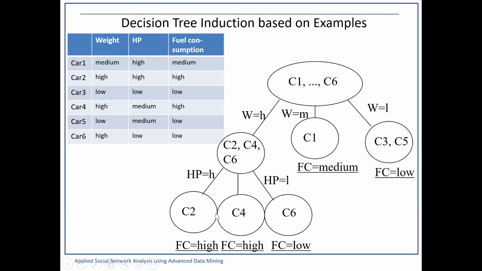Of course, we can stop here, so there is no contradiction inside the nodes because there's only one car. But that's due to the number of observations in this toy example. Multiply the number by 1,000, so you would have 1,000 cars in this node here, and all have high fuel consumption. That means I don't need any other information apart from weight and HP in order to establish fuel consumption.